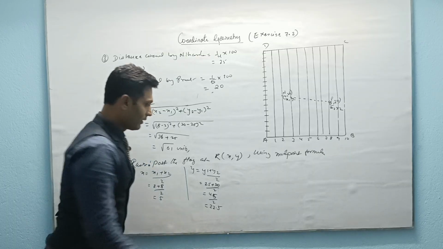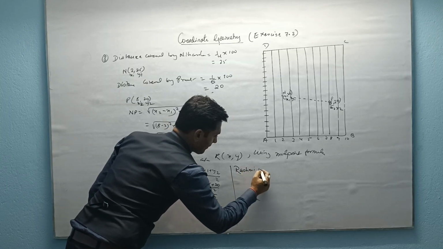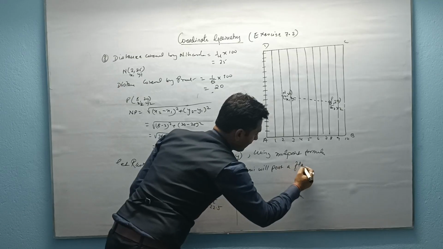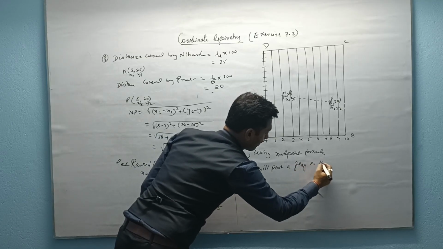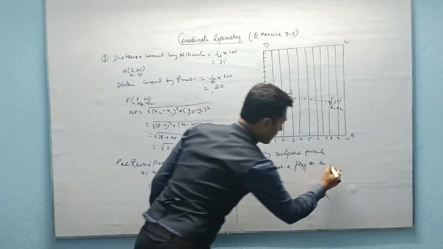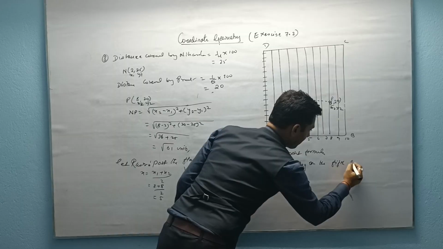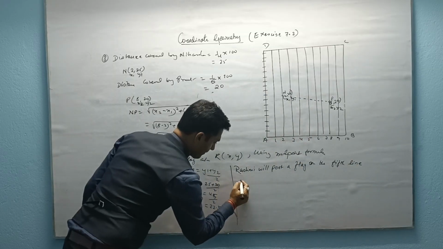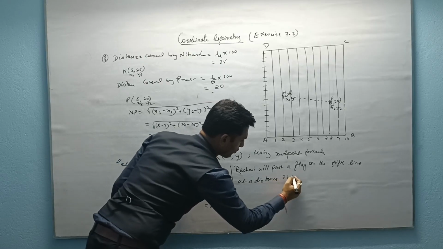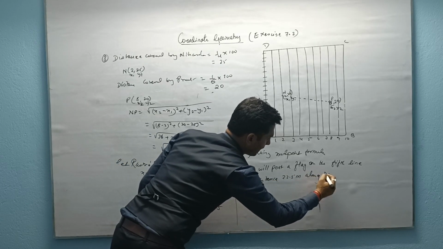Along AD. So I'll write the statement here. Rashmi will post a flag on the 5th line at a distance of 22.5 meters along AD.